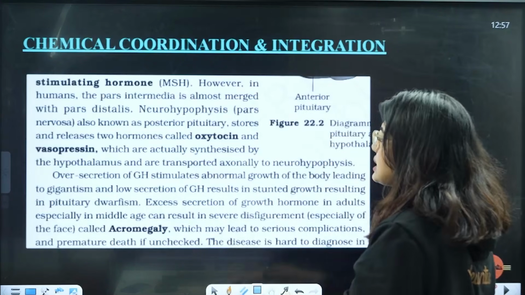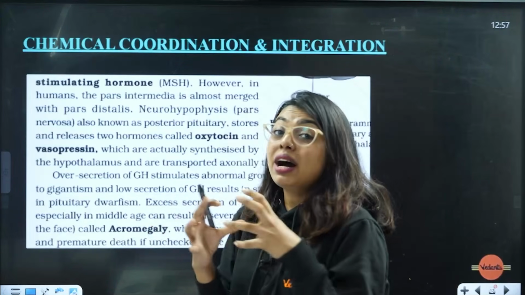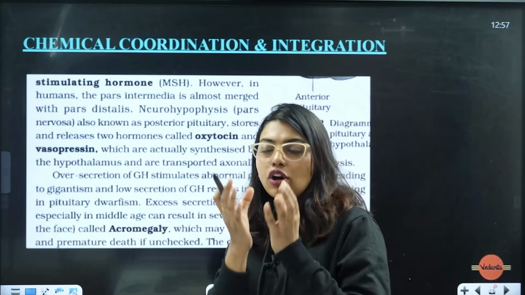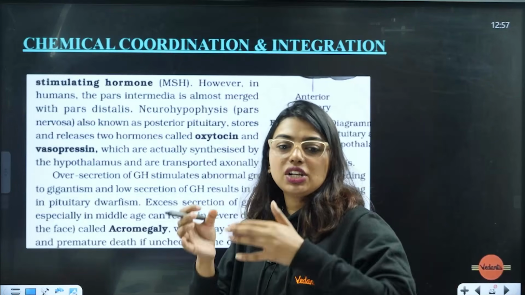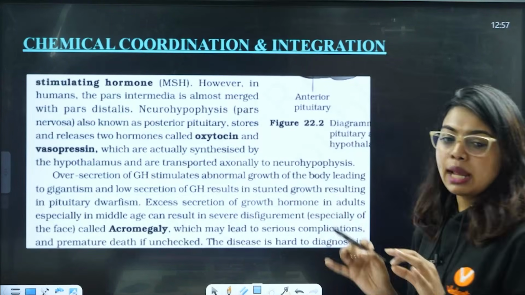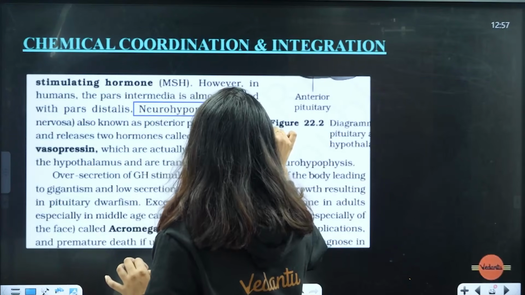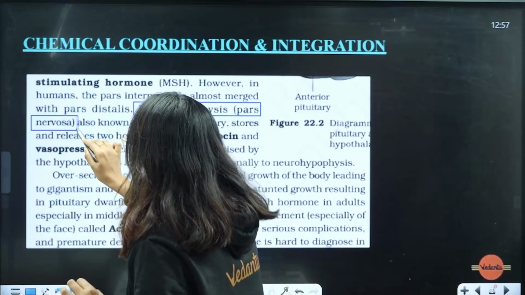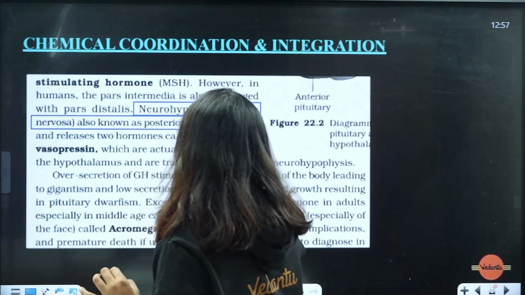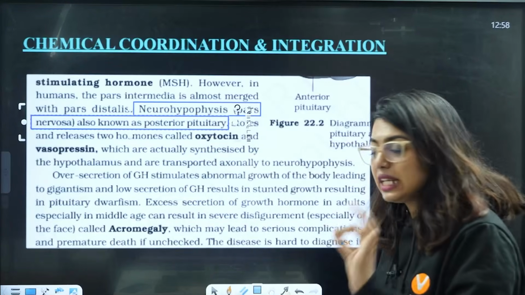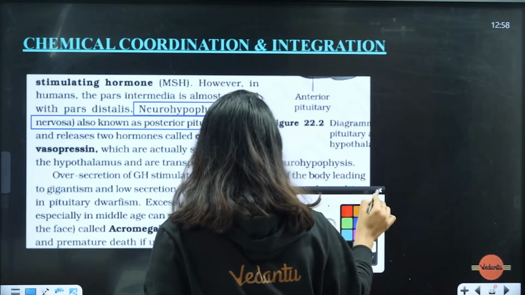However, in humans, the pars intermedia is almost merged with pars distalis. You saw that, no? There's no proper partition. It is merged. And neurohypophysis or pars nervosa. Neuro and nervosa, you can remember this, no? Nervosa, also known as posterior pituitary, stores, very important word, okay? What is the important word here?